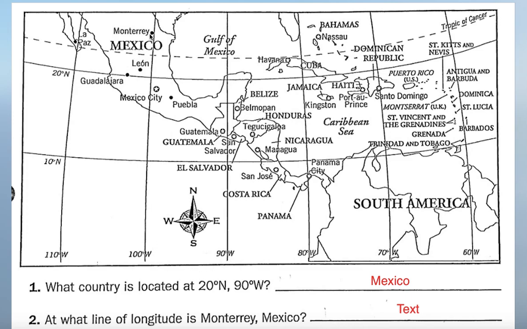So because Monterrey is to the left of the 100 degrees west, you're going to look, okay, if you put 100 degrees west, would I give you credit? Yes.